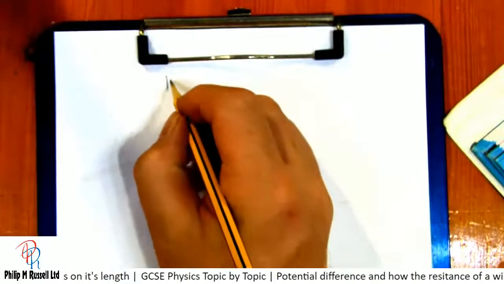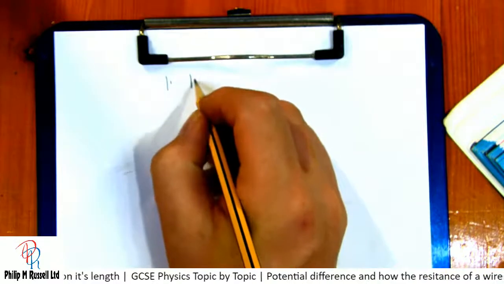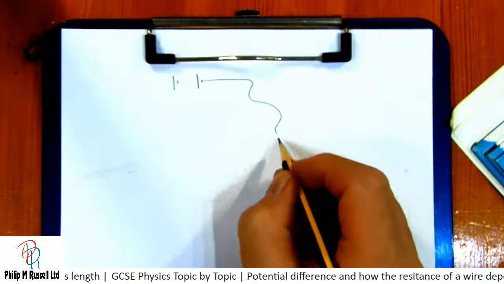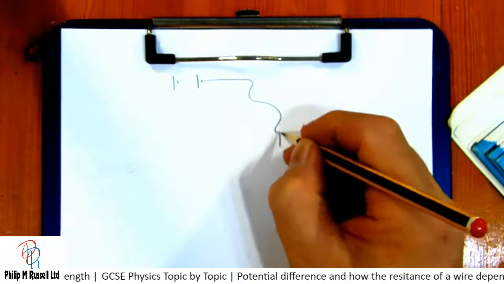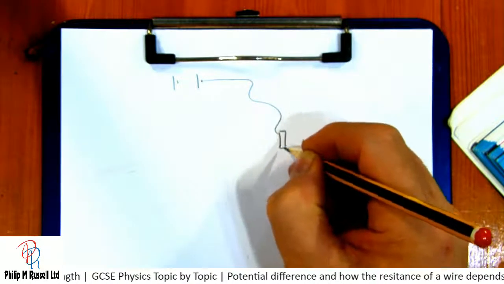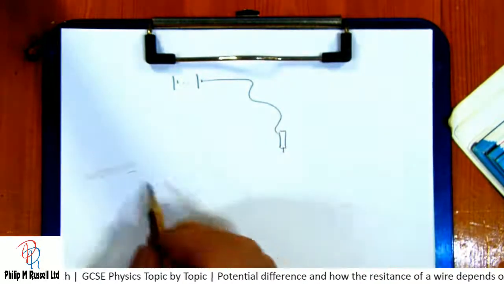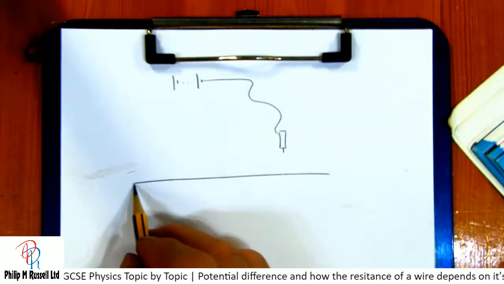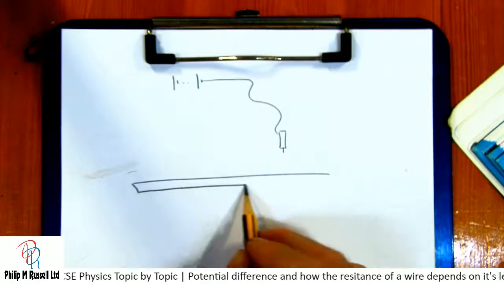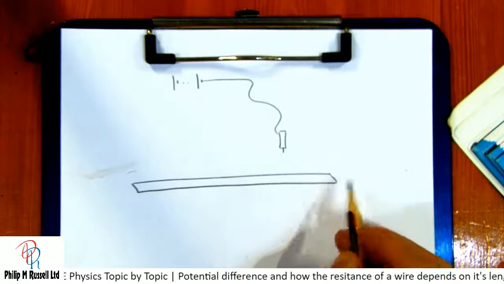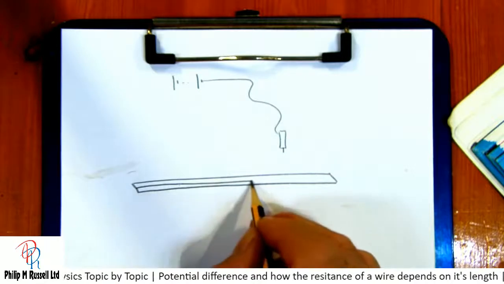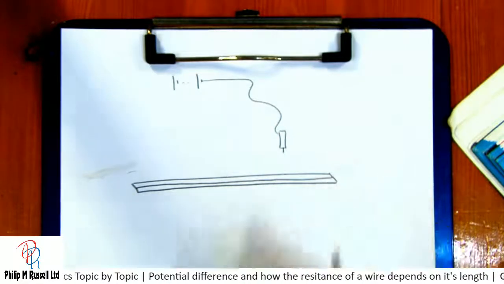We've got a couple of cells, and to one end I'm going to attach a probe. And to the other side we've got a ruler, and clamped to this I have a piece of wire.